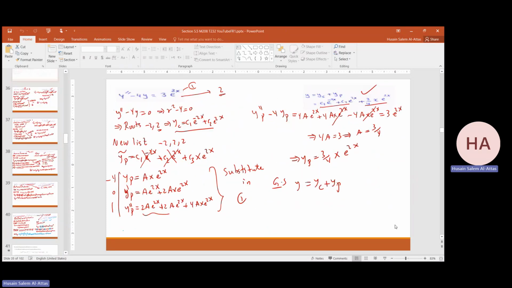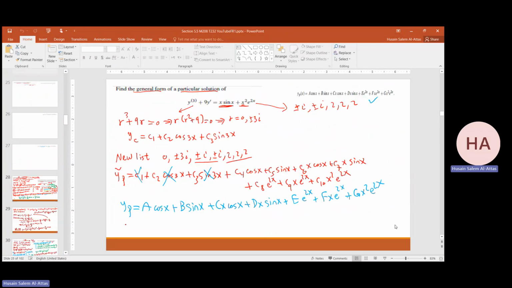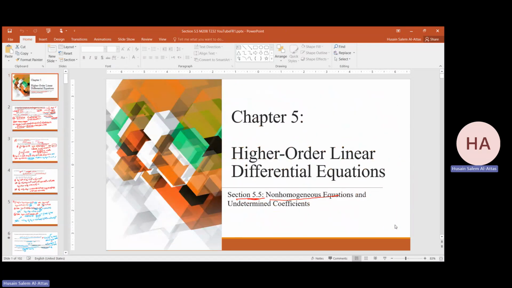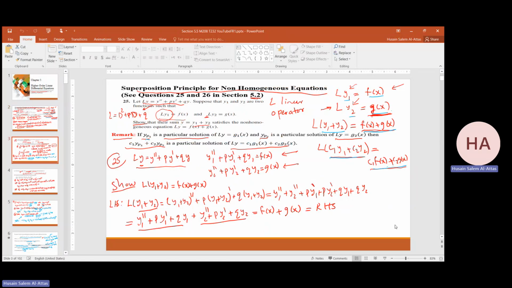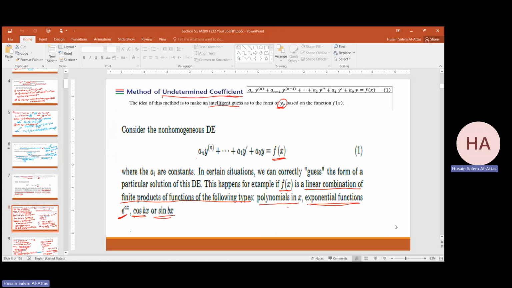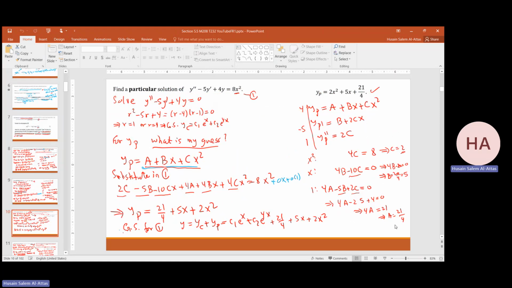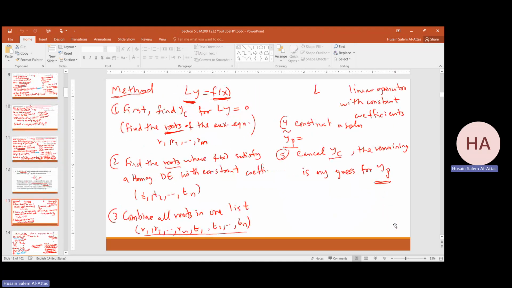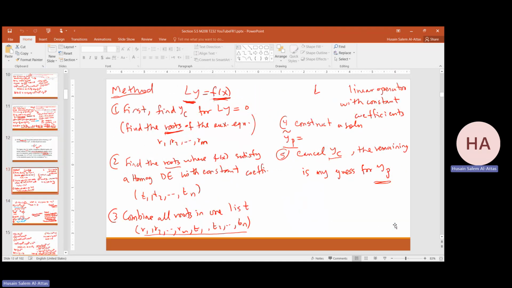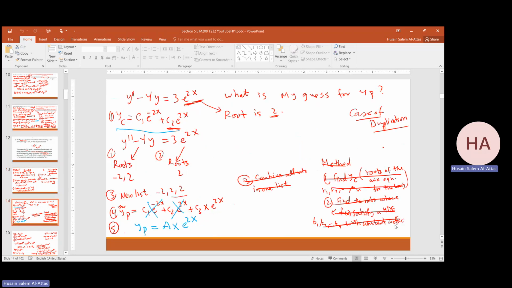We started this section 5.5. What did we do? We talked about the superposition principle for non-homogeneous equations. And then we started the first method, which is the method of undetermined coefficients, where in the end we talked about this general method, which works with both cases, with duplication or with no duplication.